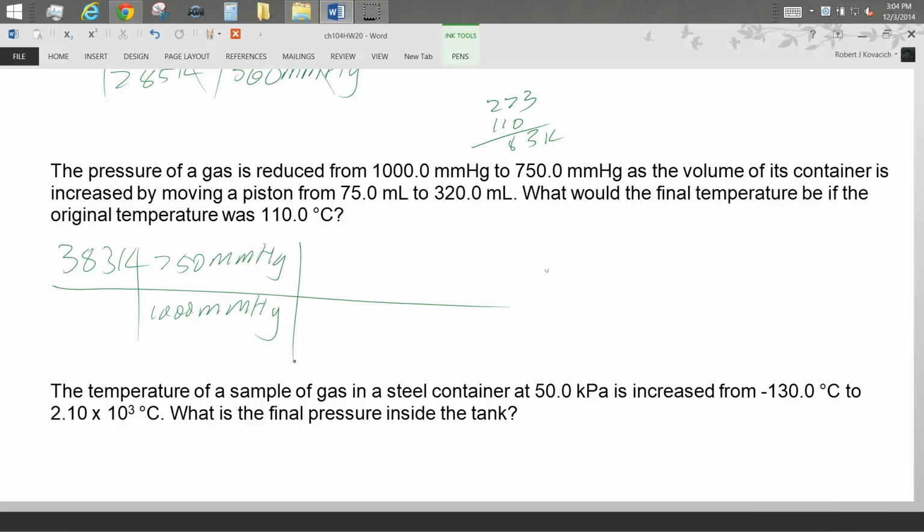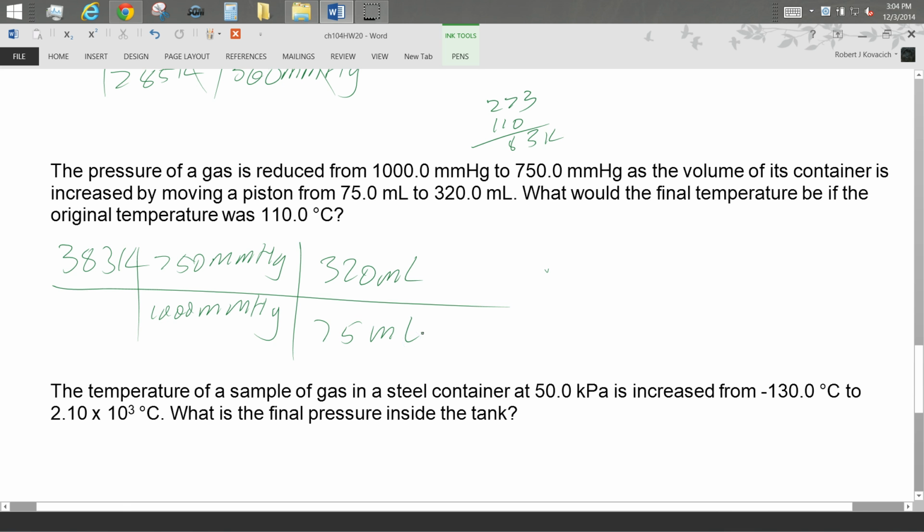It's going to increase in size. So what happened to this balloon? It got bigger, right? So what must its temperature be doing? It must be going up. So I'm going to write 320 milliliters here and 75 milliliters here.